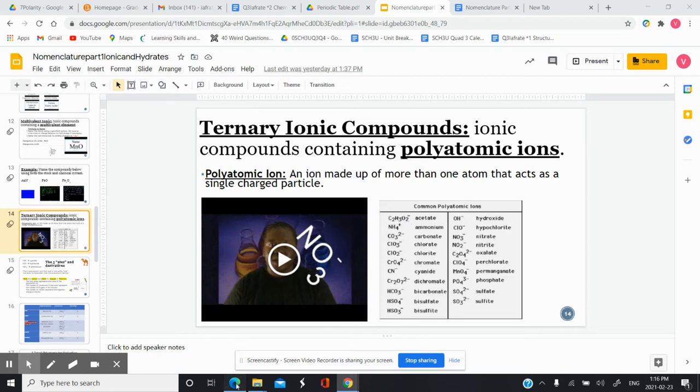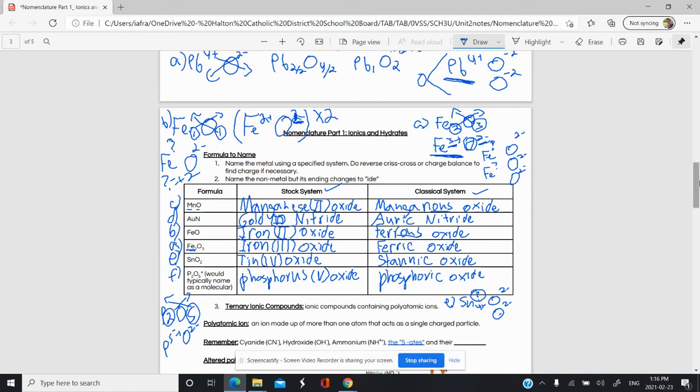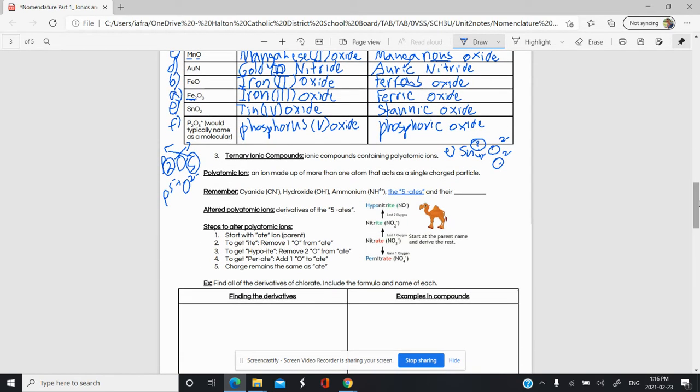So let's just go to our handout here for a second. So we're dealing with ternary ionic compounds as opposed to binary. So a binary example would be, let's say, NaCl, that'd be binary. There's only two different elements there. A ternary ionic compound would be NaNO3. There is a metal and a polyatomic ion.